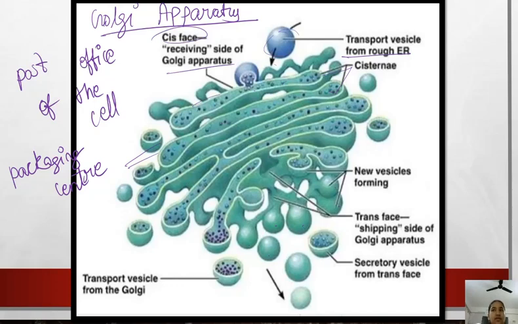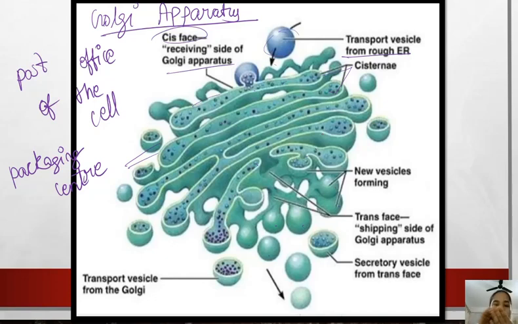You can see the proteins also. When the proteins attach with the Golgi bodies, they are released and secreted out of the cell, so that the body functions in a proper manner.